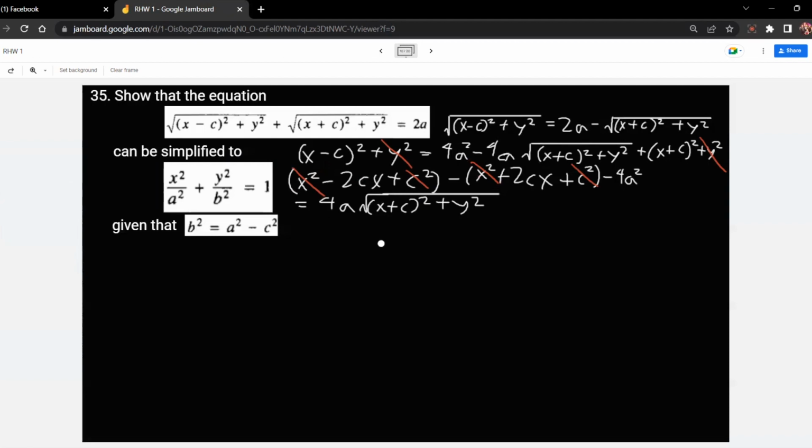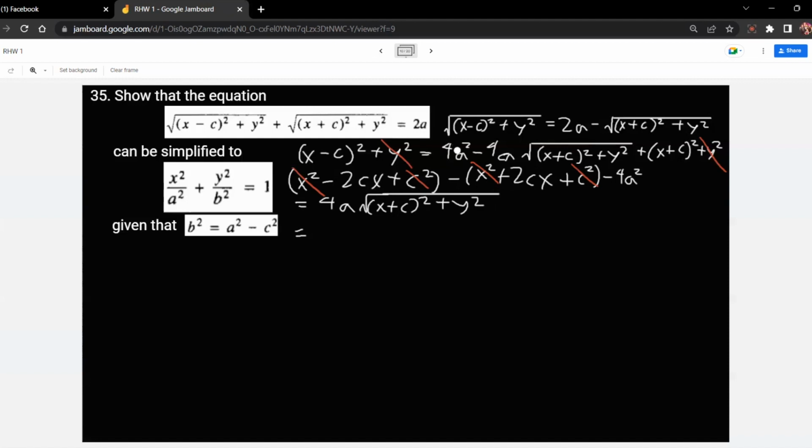Kasi 4cx, so negative 2cx equals... hindi, recheck mo yung algebra kasi mukhang may sign error ka dyan. Wag mong i-mental algebra.